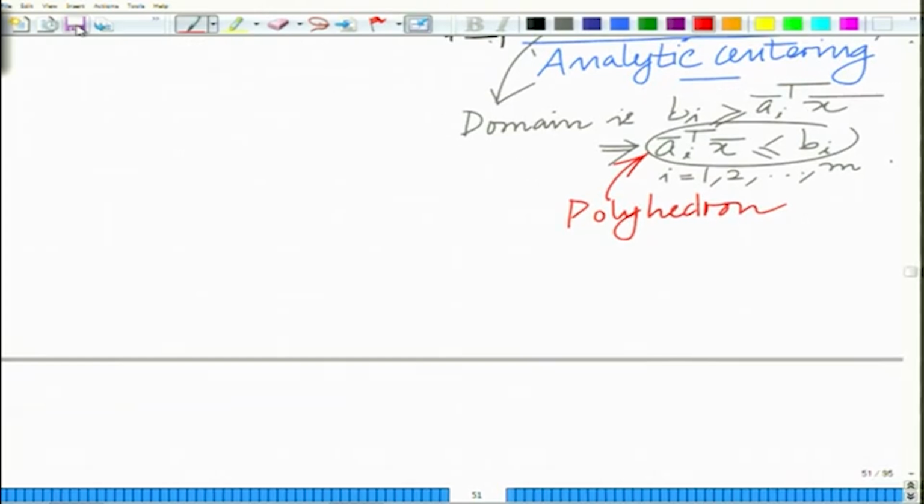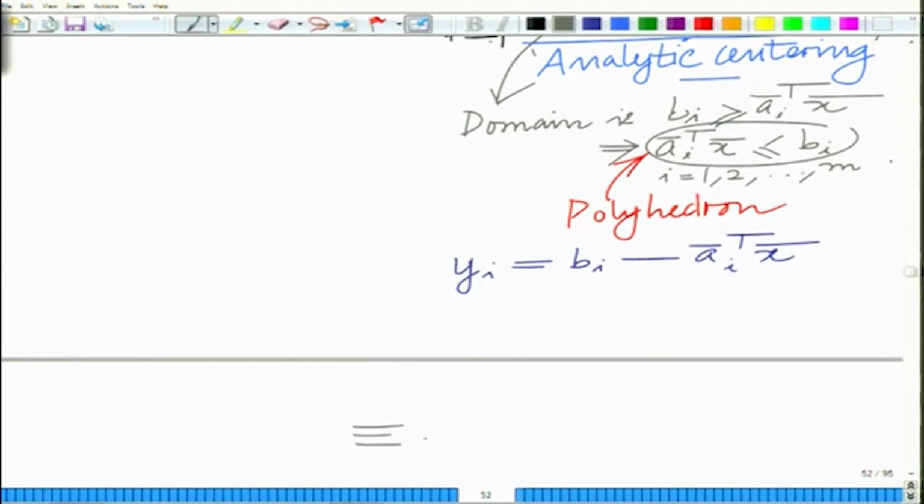And to develop the dual, again what we will do is use a simple substitution. We will substitute yi equals bi minus ai bar transpose x bar.